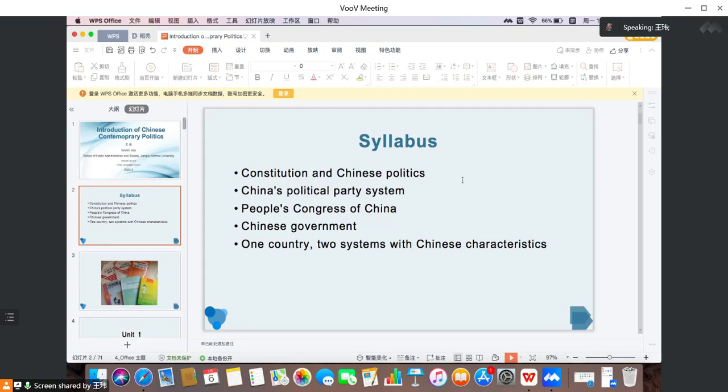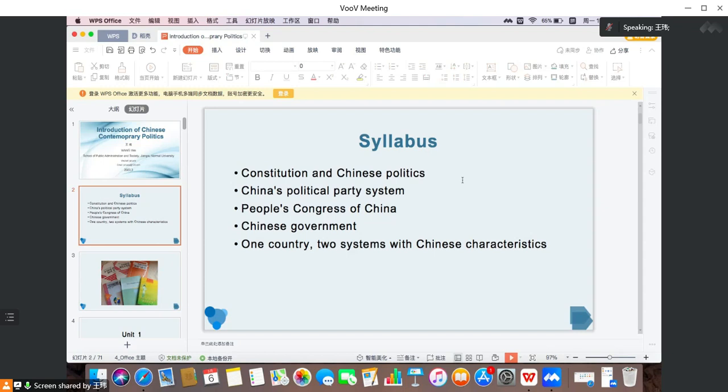It started the day before yesterday, and it will finish in about 7 to 10 days. So in our contemporary Chinese politics introduction, firstly, we will introduce the Constitution.